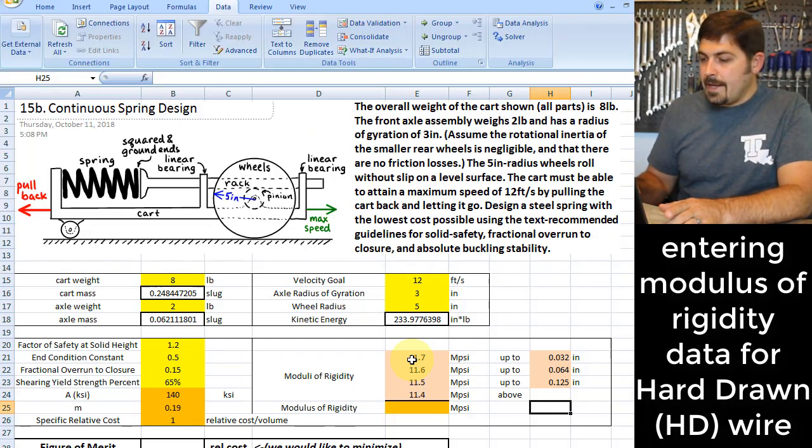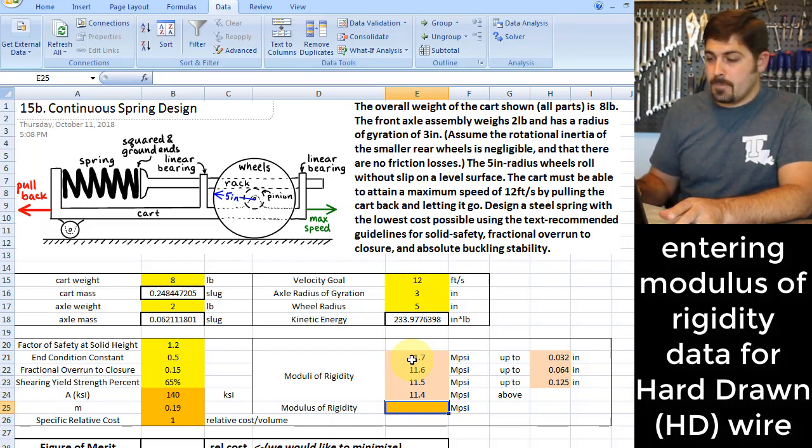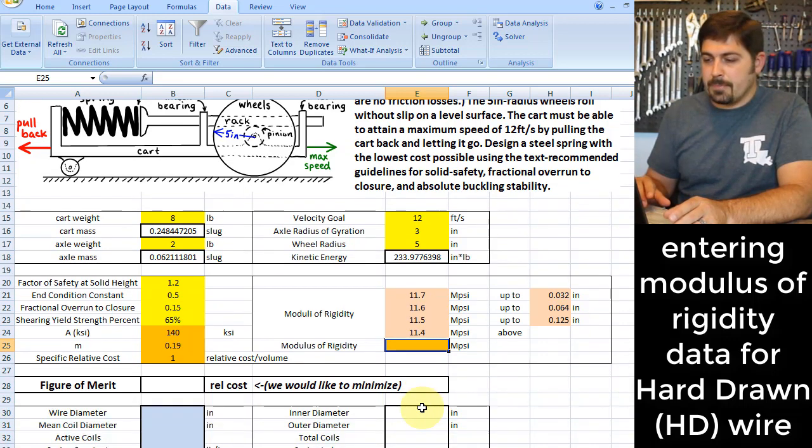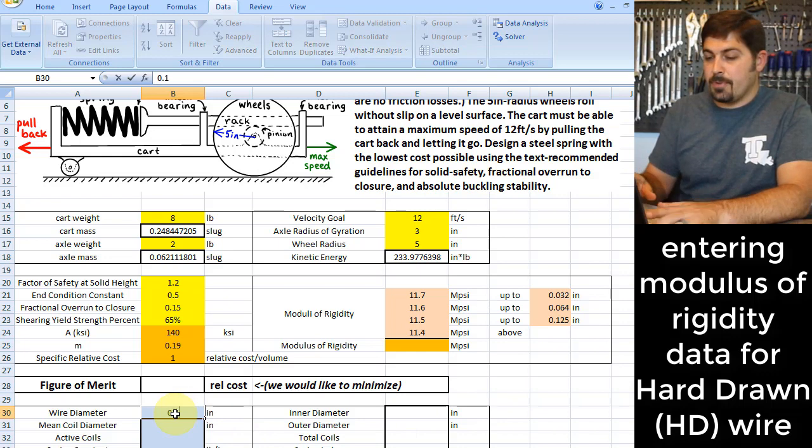Now I don't actually know at the very beginning what this modulus of rigidity value is going to be, because one of the things that we need to design is the wire diameter, and that's what this depends on. So what I'm going to do here, looking ahead just a little bit, is assume that we know a wire diameter. As a matter of fact, I'll go ahead and put that in.